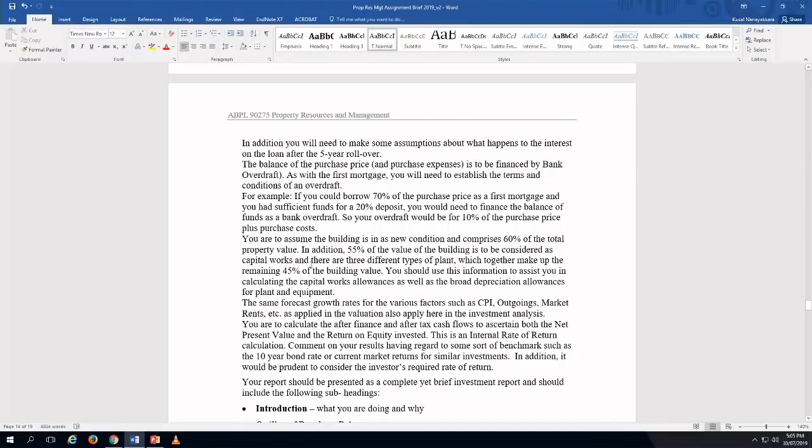So, capital work can be tax deductible. You can get capital allowances for the capital work of the building. Right. So 55% of the 60%. Is it too much I'm explaining at this moment? So 55% of the 60% is claimable.